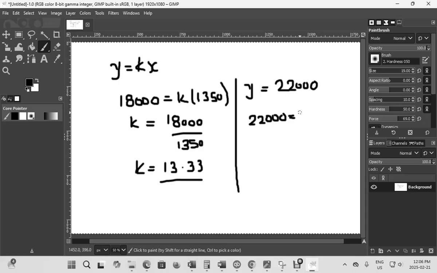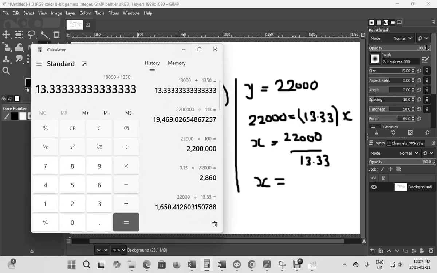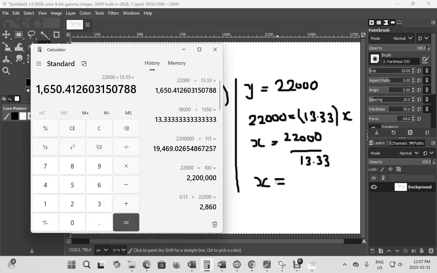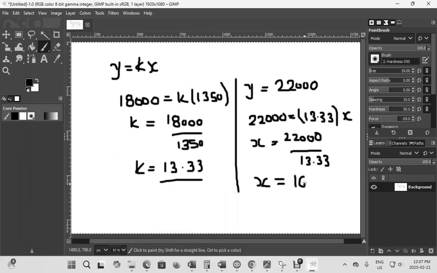So we know that k is 13.33, and this will be x. So x will be 22,000 divided by 13.33. So x equals 22,000 divided by 13.33, which will be 1,650 approximately.